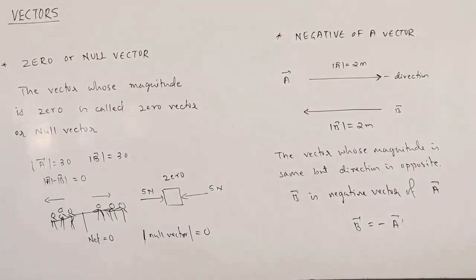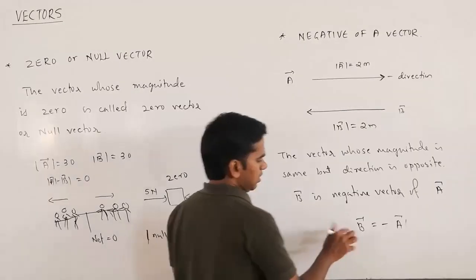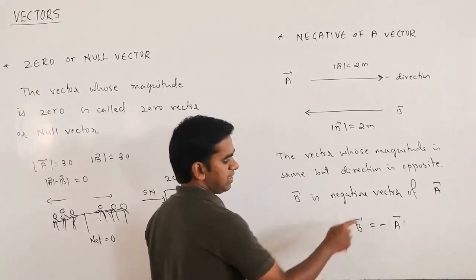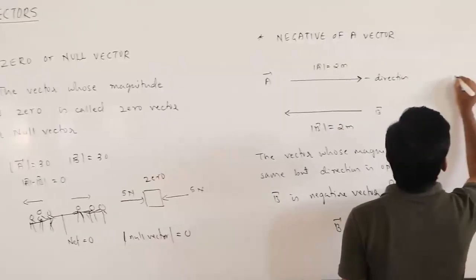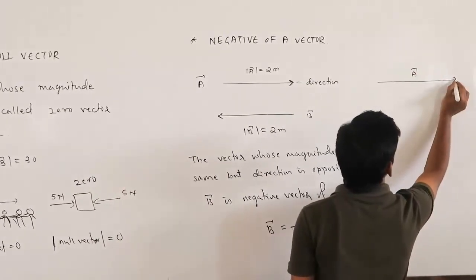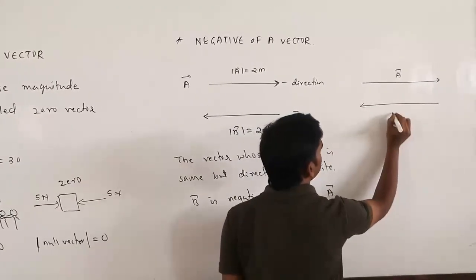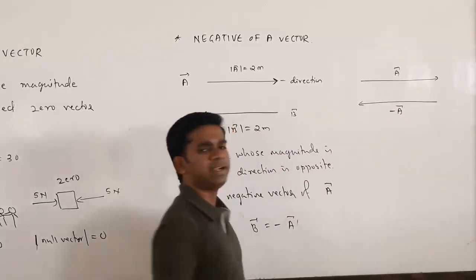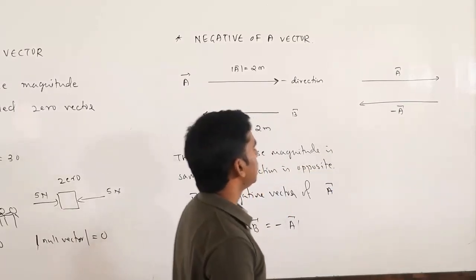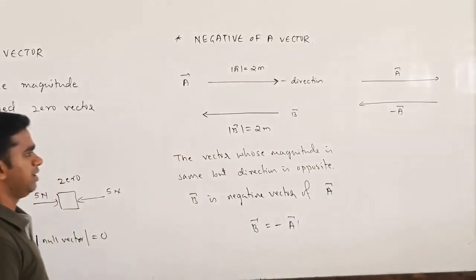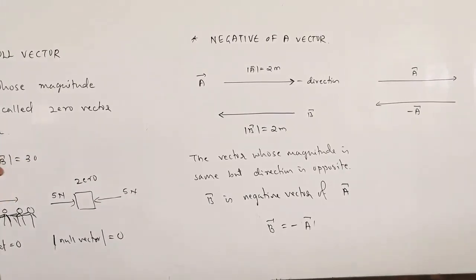The vector whose magnitude is same but direction is opposite. So B you can write as minus of A. If this is the vector A, and this is vector B, but since they have the same magnitude and opposite direction, you can write this as minus of vector A. It will help in many cases in cancelling the vectors when they have the same magnitude and opposite direction, which we'll see when we come to it.